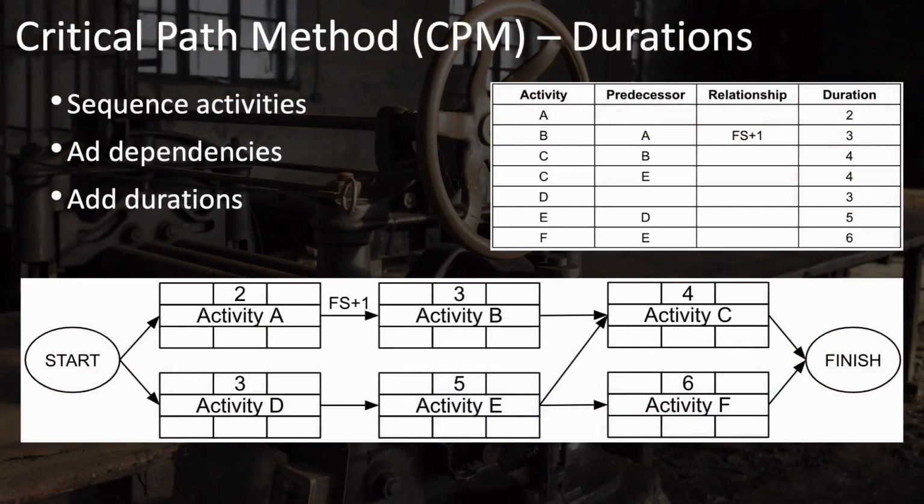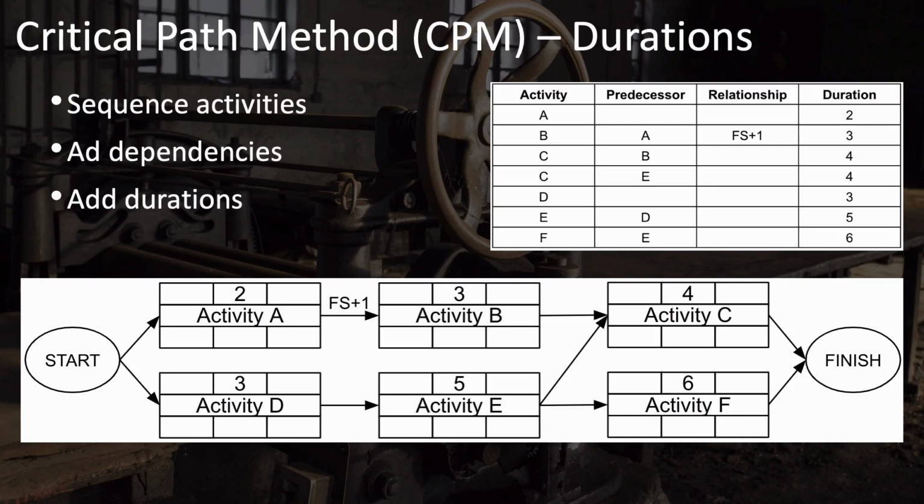The first step in the critical path method is to take all of these activities and draw them out into a network diagram and put them in their proper order with all of the arrows connected as they should be. Activities A and D have no predecessor, so they're the first ones that start off this project and are connected to the start. Then we have activity B following A with a 1-day lag.